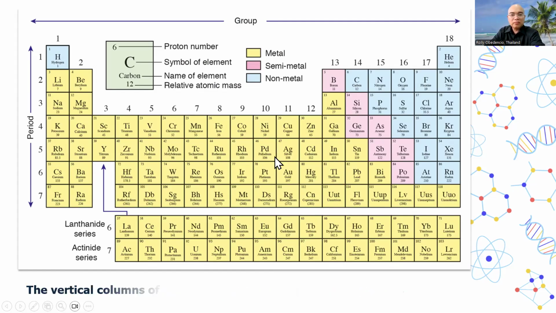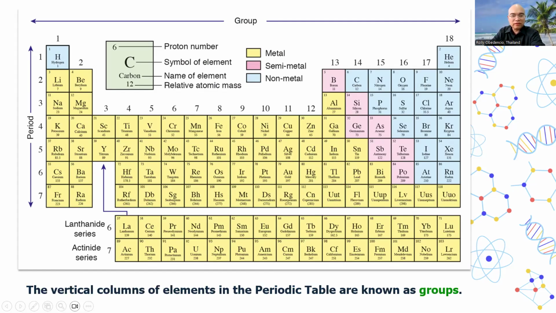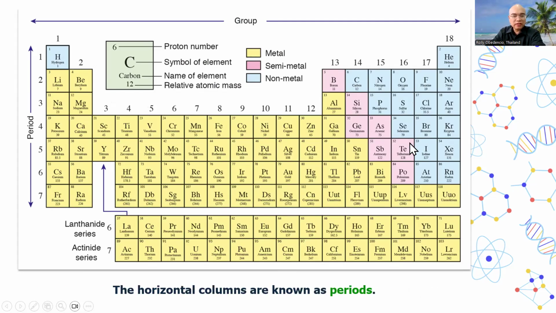All right, but what I want you to know is that the vertical columns of elements in the periodic table are known as groups. Okay, vertical columns are groups. The horizontal rows are known as periods. So groups and periods.